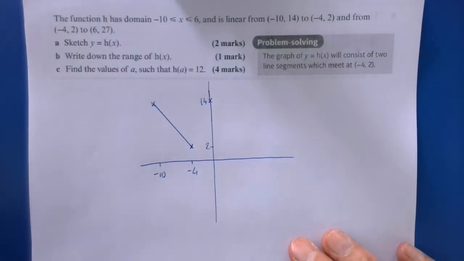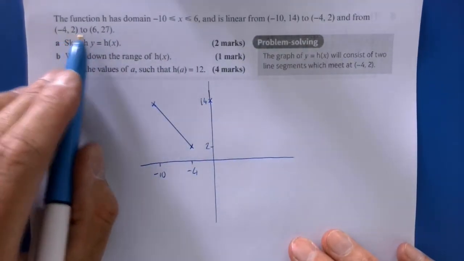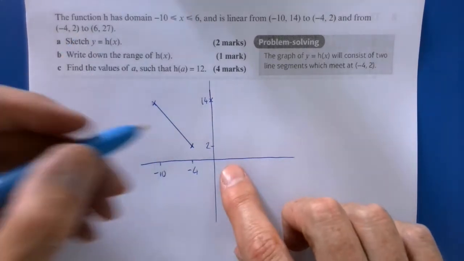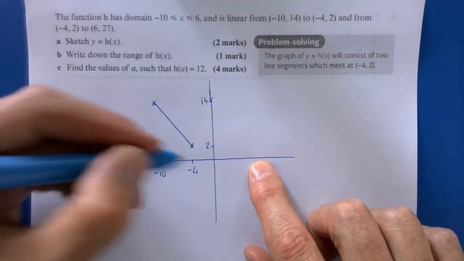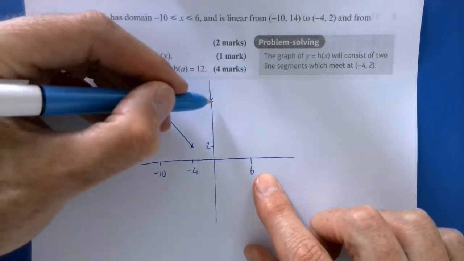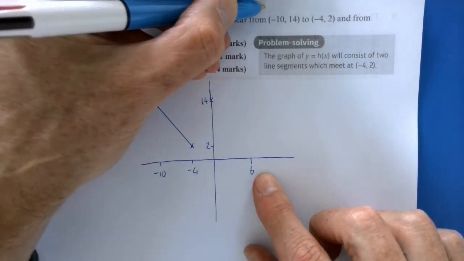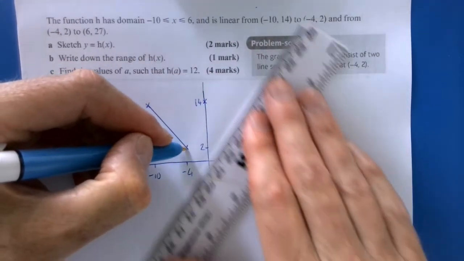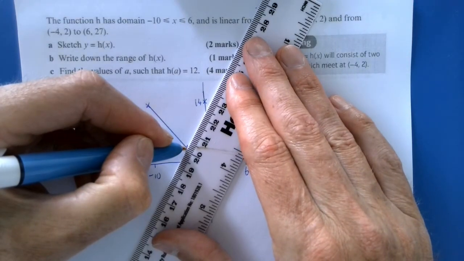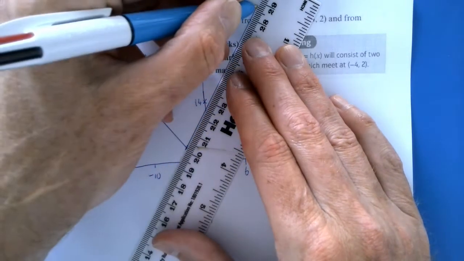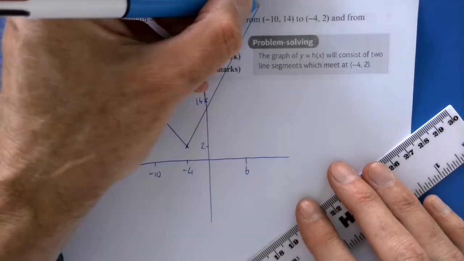And it's also linear from minus 4, 2 to 6, 27. Oh dear, right, so 6, 27, that'll be something like 6, and then 27 will be up here somewhere. So it goes like that. And that's it.